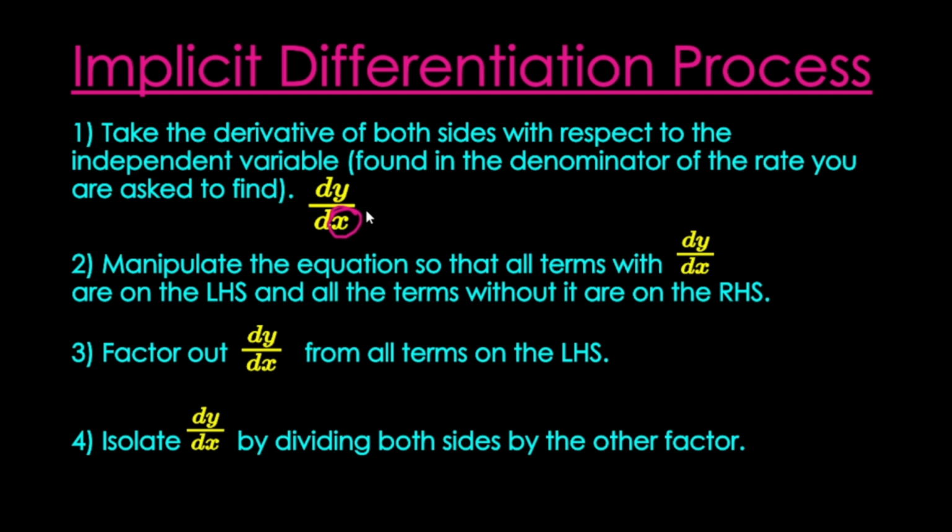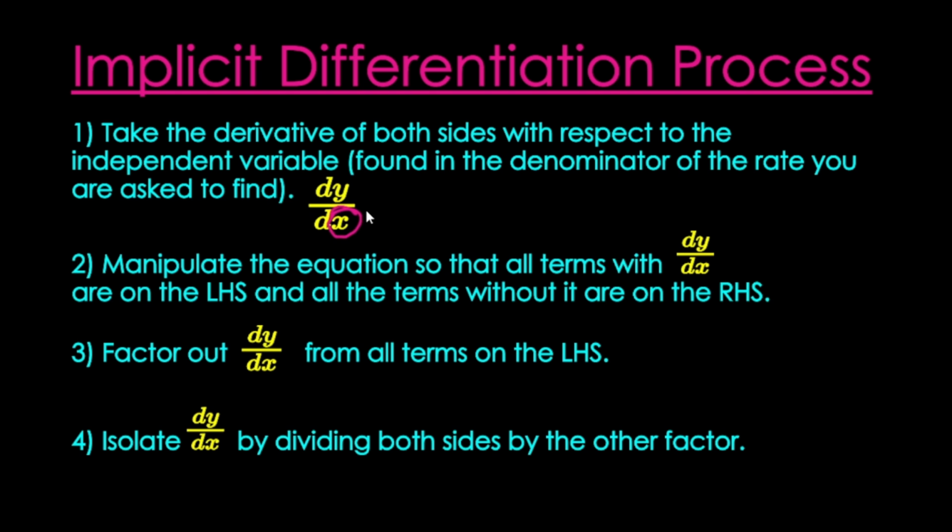Now, the equation that you get when you take the derivative is called the differential equation. You're going to manipulate this differential equation so that all the terms that have dy/dx are on the left-hand side, and all the terms without dy/dx are on the right-hand side. The reason you want to collect all the terms that have dy/dx together is so that you can factor out dy/dx from all of those terms on the left-hand side.